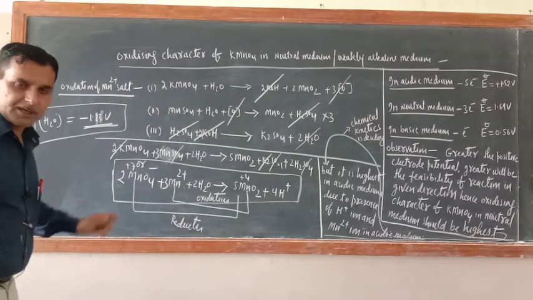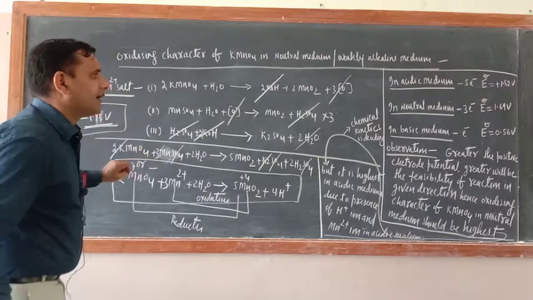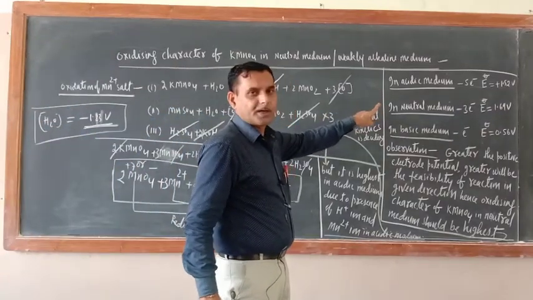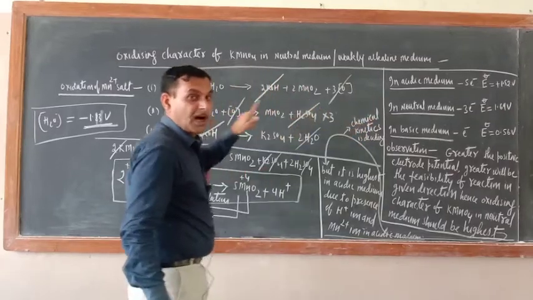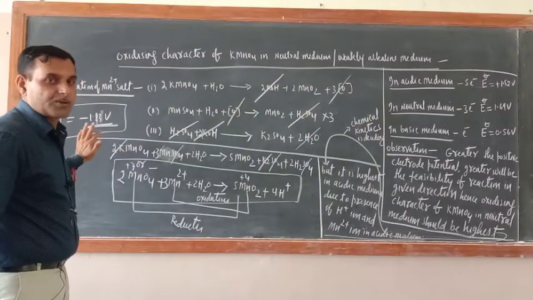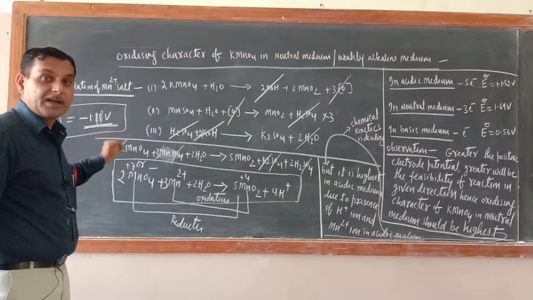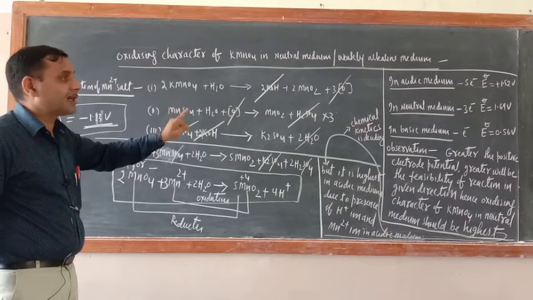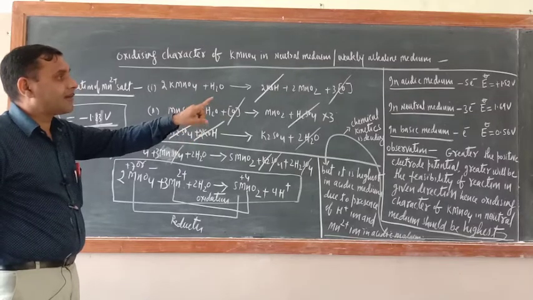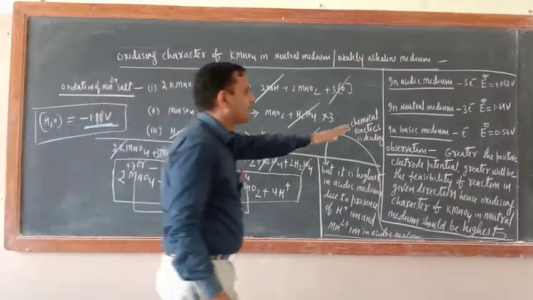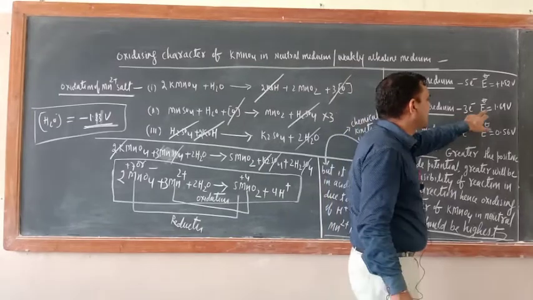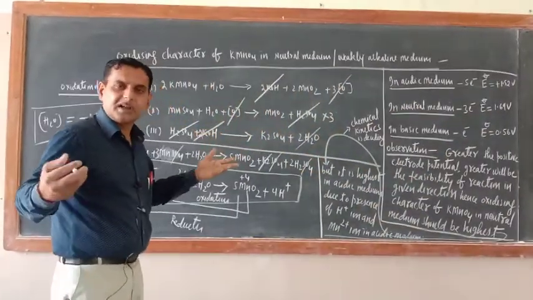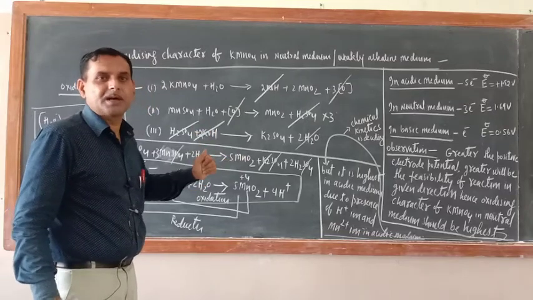So in acidic medium, what should there be? KMnO4 should oxidize water. Why? Because in acidic medium the KMnO4 electrode potential is plus 1.52, and in neutral medium it is 1.69. But it is not oxidizing. Actually, it should have been oxidized.